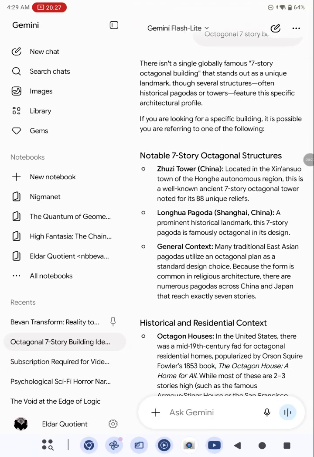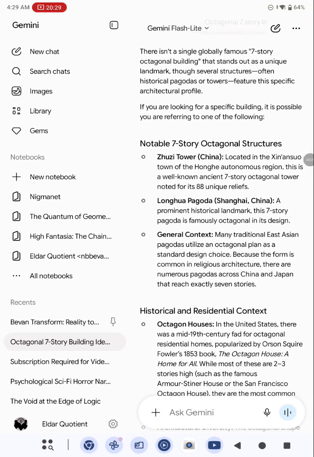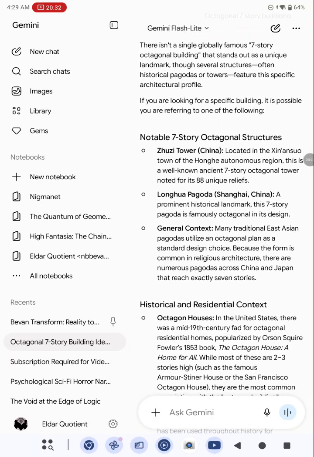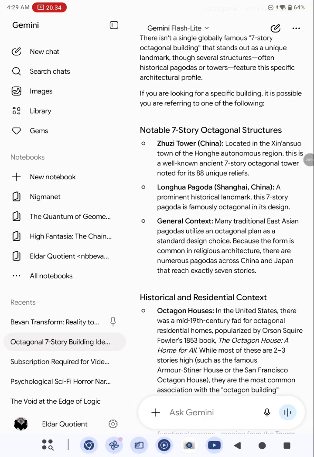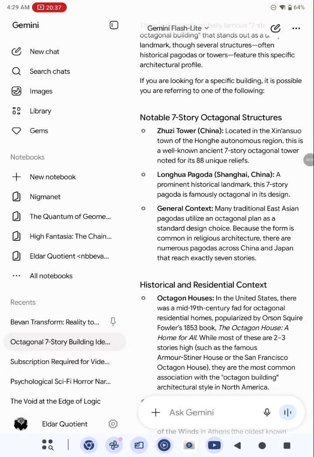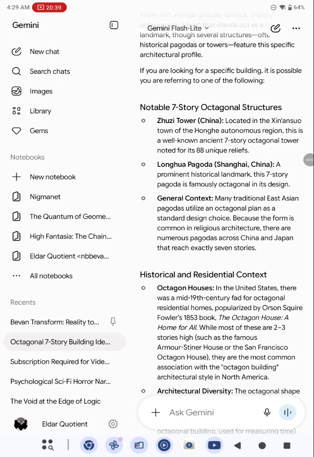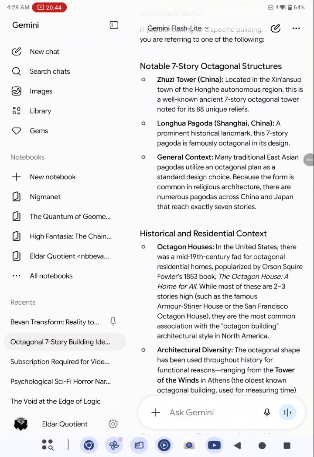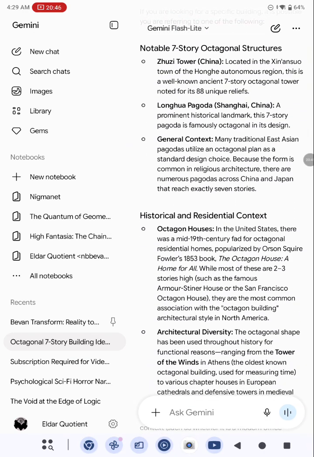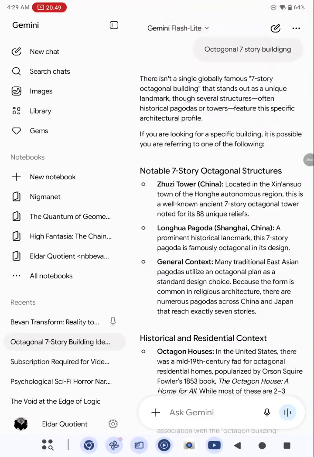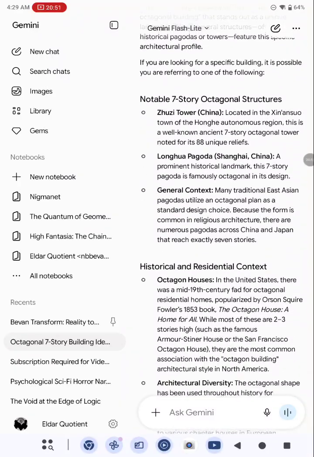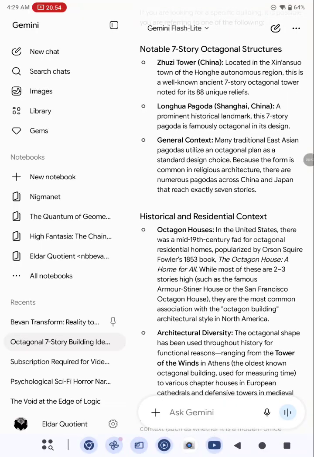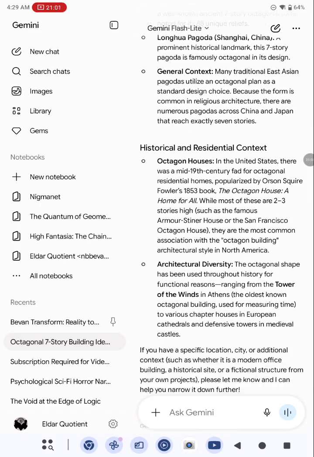There isn't a single globally famous 7-story octagonal building that stands out as a unique landmark, though several structures, often historical pagodas or towers, featured a specific architectural profile. Now, I just said there's not globally famous, but there's notable 7-story octagonal structures like Juji Tower. There's some towers.